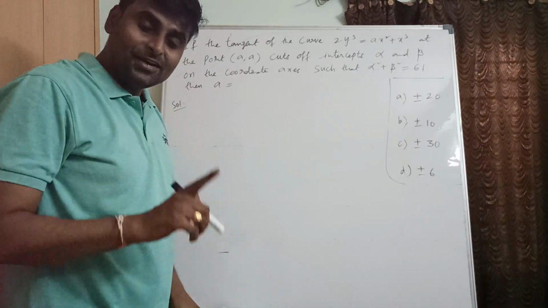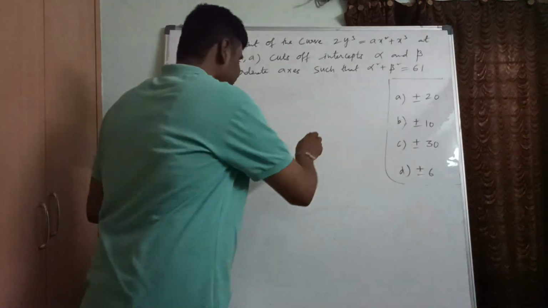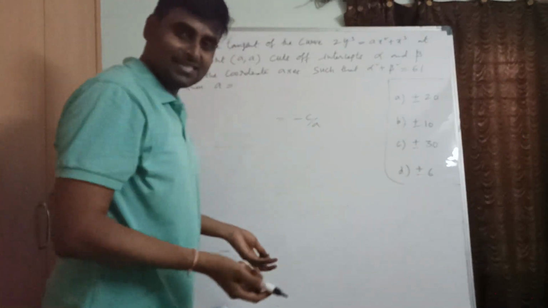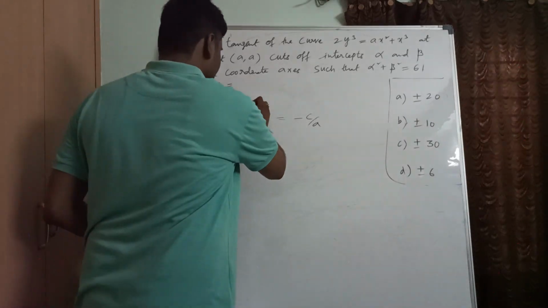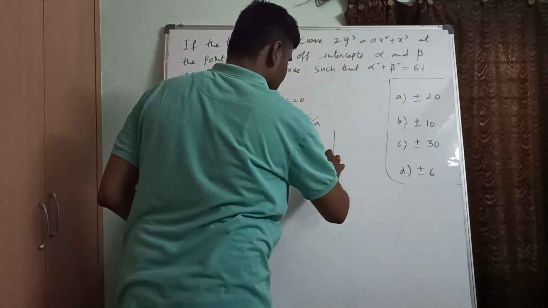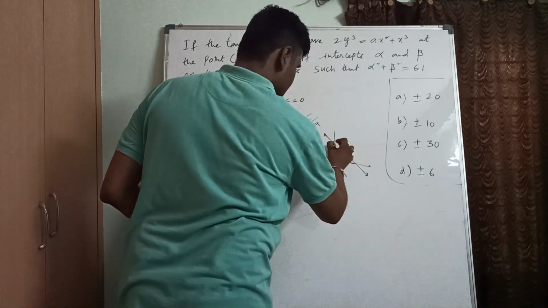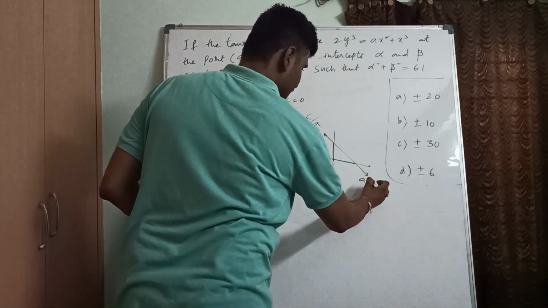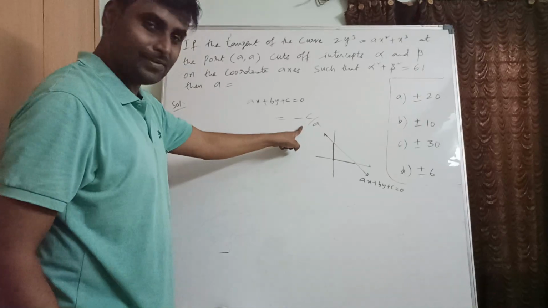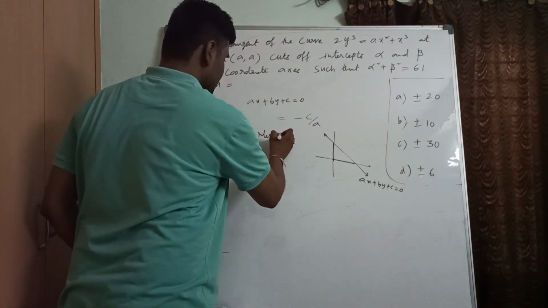Okay? Generally for every line, what is the x-intercept? Minus c by a. It's very easy. For example, one straight line ax plus by plus c equals 0. Correct? So for every line, the x-intercept is minus c by a. What is the y-intercept?